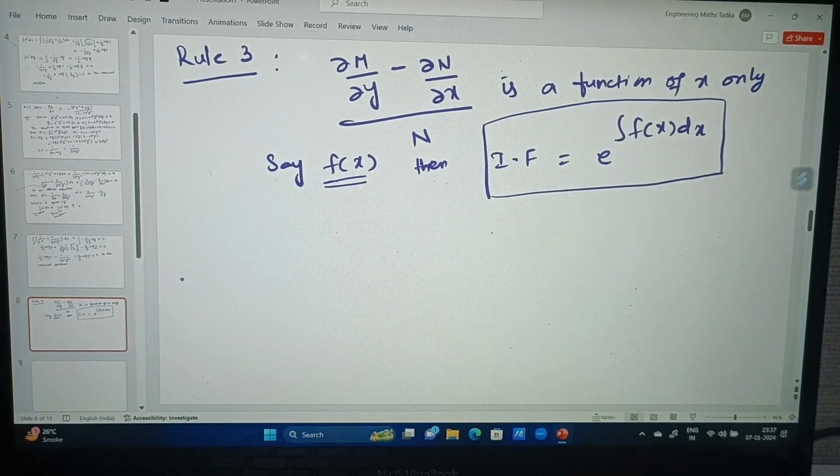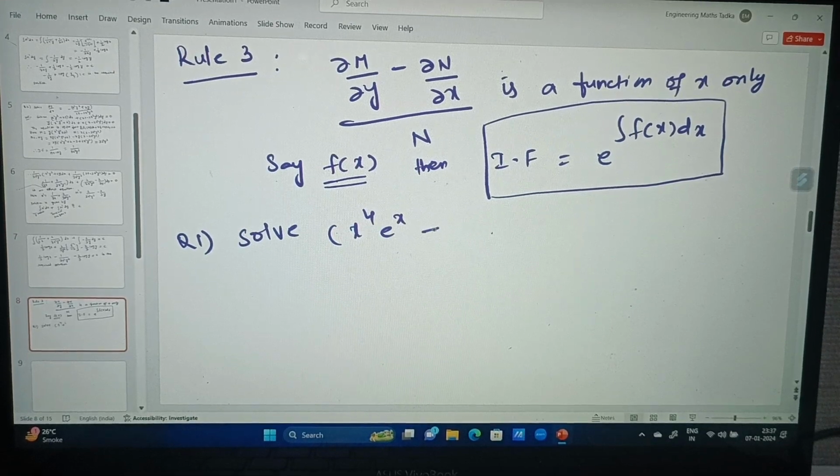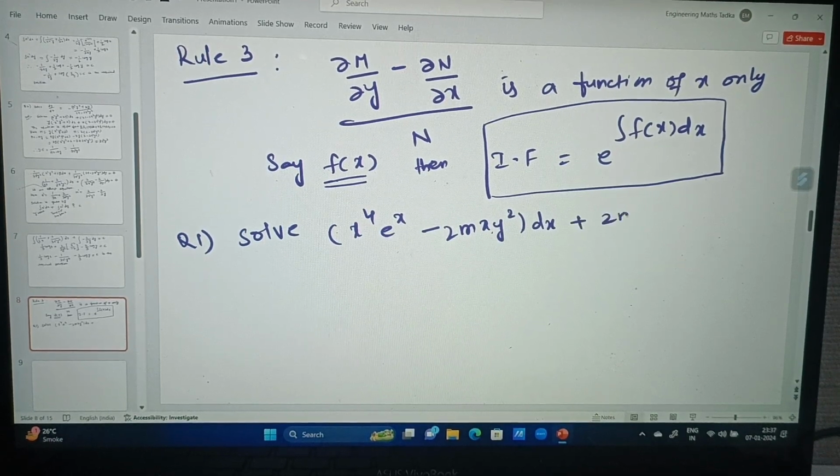Okay, so let us solve a few problems based on rule 3. Solve (x raised to 4 into e raised to x minus 2mxy square) into dx plus 2mx square y into dy is equal to 0. So how do we solve this?